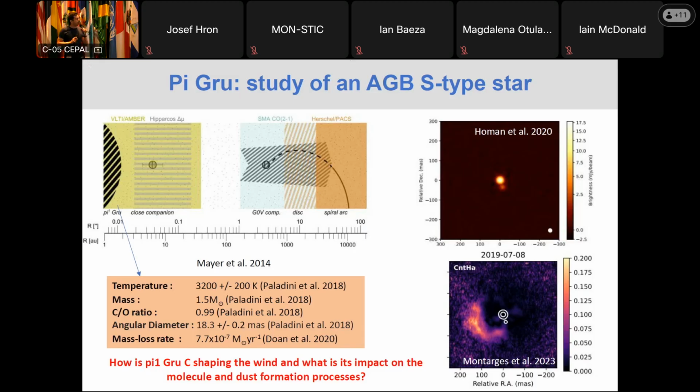Okay, so that was in 2014. Here you have, by the way, the ID card of the main star.